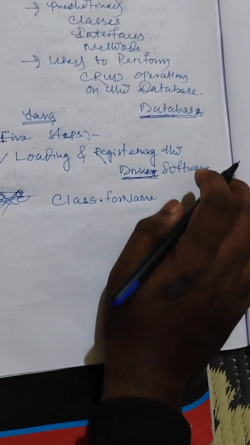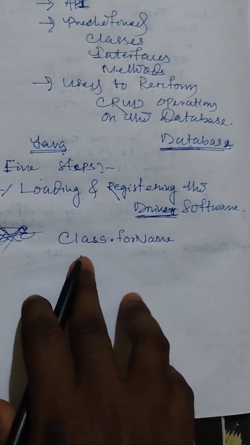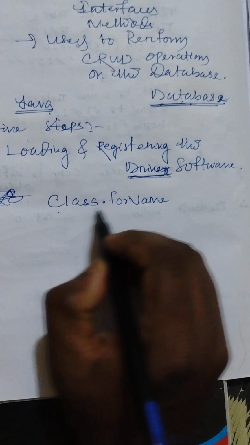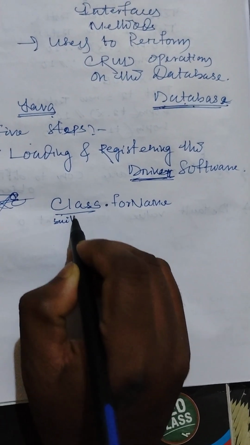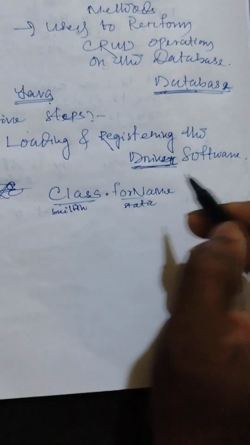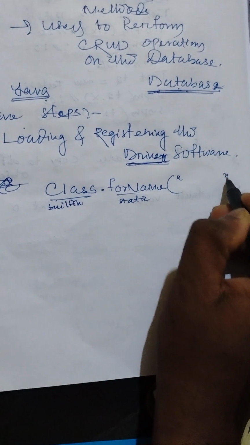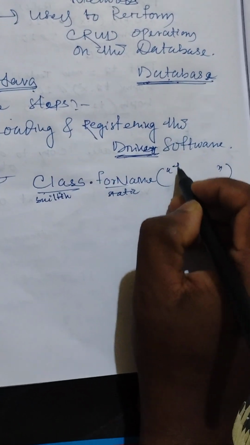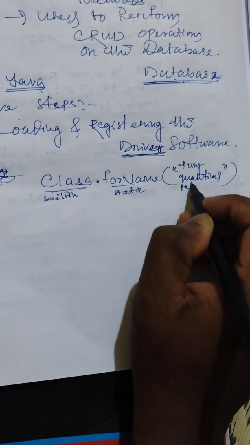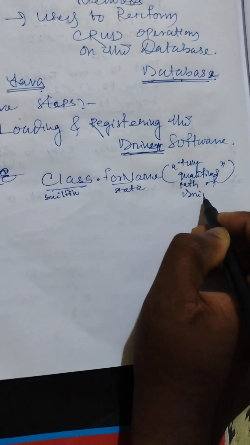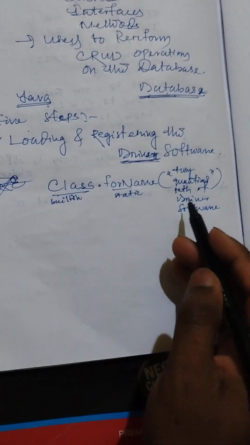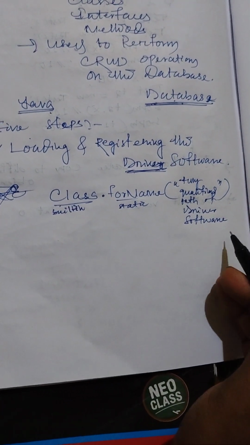There are maybe several ways, but this is the mainly used one. Class.forName takes a parameter as a string: the fully qualified path of the driver software, which means the driver class.